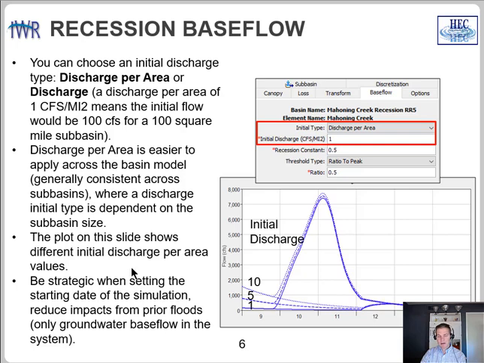So I usually try to find an event that's separated, with at least some separation, 2 to 3 days between events, and then begin the simulation when I know that only the groundwater portion of the baseflow hydrograph is the main portion in the channel network.